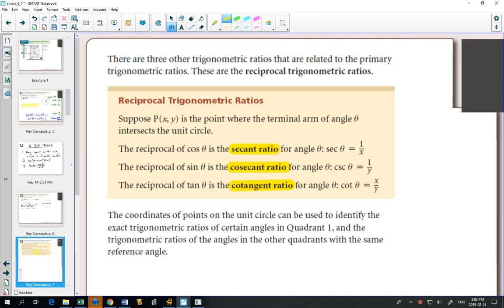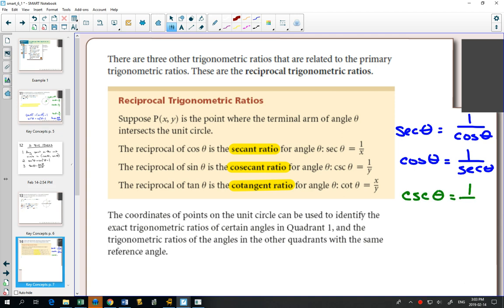So beside here, you can write that secant theta is the same as 1 over cos theta, which means that cos theta is 1 over secant theta. They're reciprocals. And cosecant theta, the definition is it's 1 over sine theta. So sine of theta is 1 over cosecant theta.